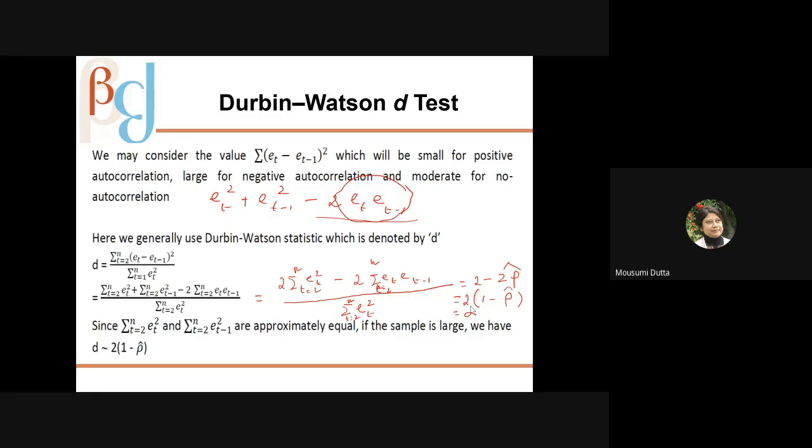So this 2 into 1 minus rho hat is the Durbin-Watson D statistic. Using the D statistic, Durbin and Watson showed how we can detect the presence of autocorrelation. Any question?